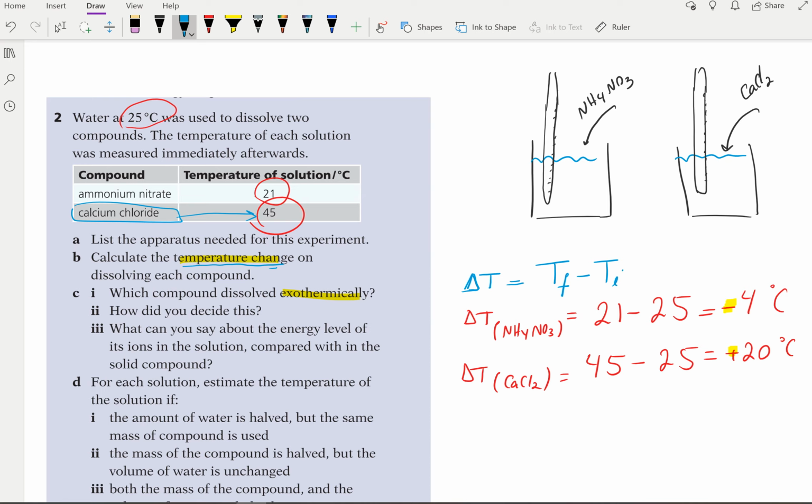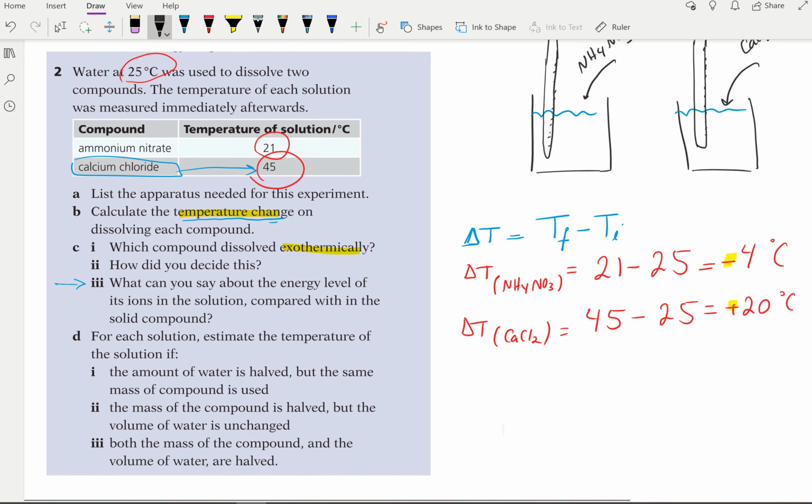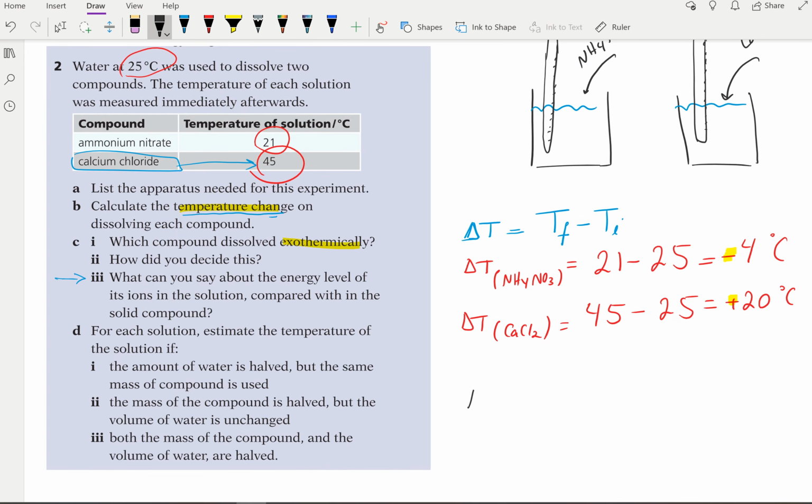Part 3, what can you say about the energy level of its ions in the solution compared with its solid compound? I want to explain a little bit about this question. When you dissolve ammonium nitrate or any ionic compound, so I have NH4NO3, ionic compounds are solid, as you know.